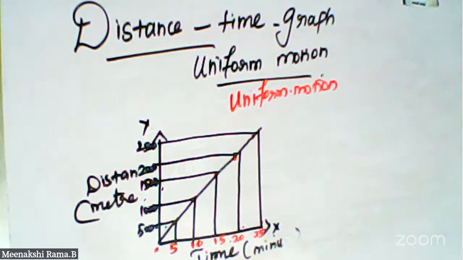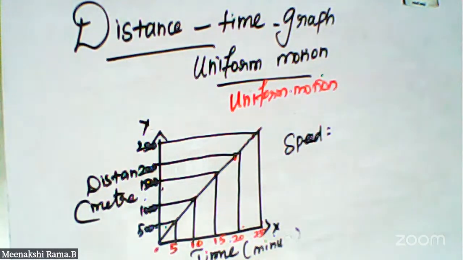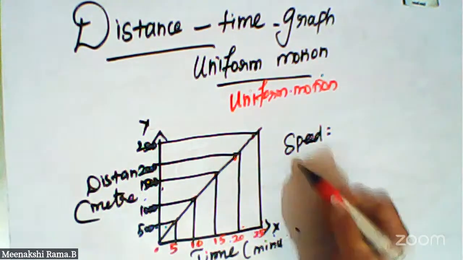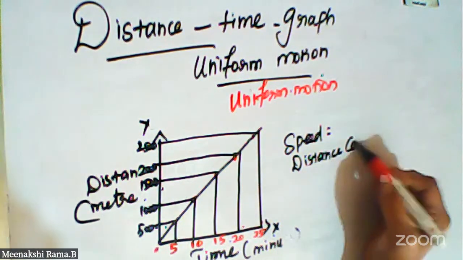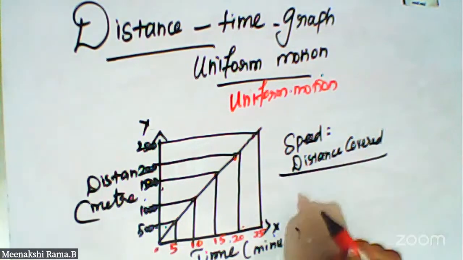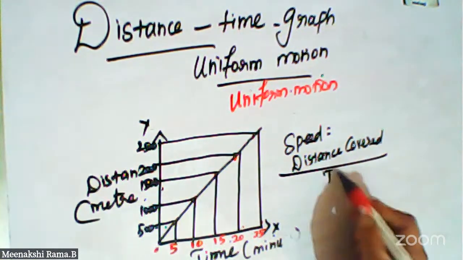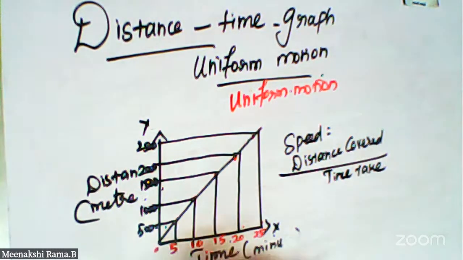Okay, how can we calculate the speed? Yes, the formula of speed is, already we studied that, distance covered by time taken. Yes, this is the time taken, and this is the distance covered.